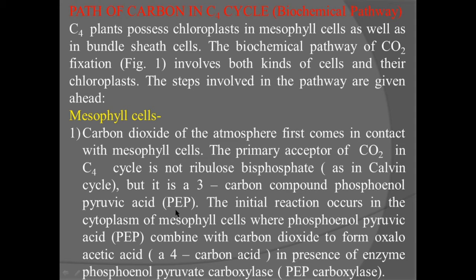It is the first CO2 acceptor during C4 cycle in mesophyll cell. The initial reaction occurs in the cytoplasm of mesophyll cell, where phosphoenol pyruvic acid combines with carbon dioxide to form oxaloacetic acid, a 4-carbon compound. That's why this cycle is known as C4 cycle. This occurs in presence of enzyme phosphoenol pyruvate carboxylase.